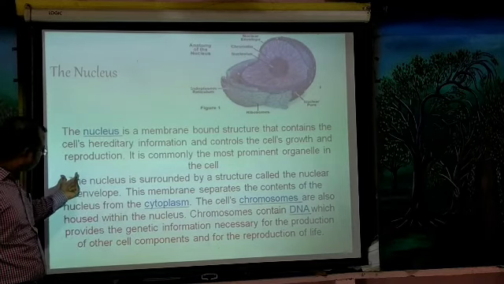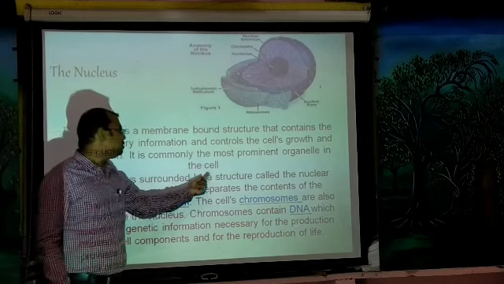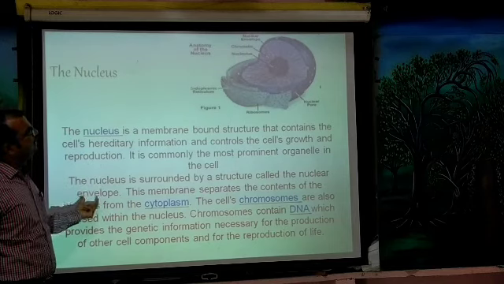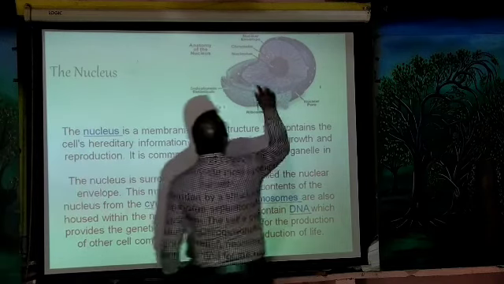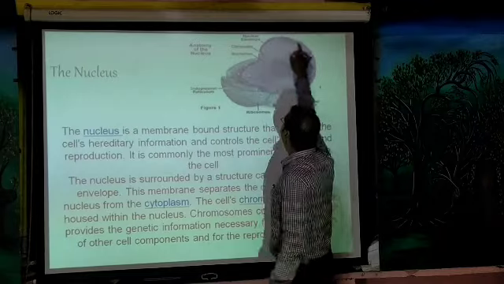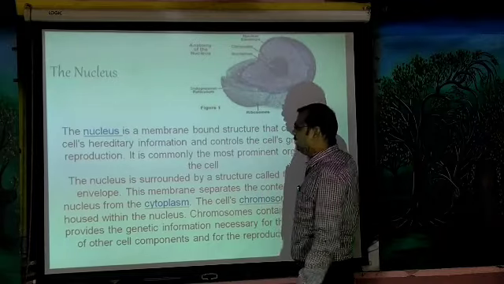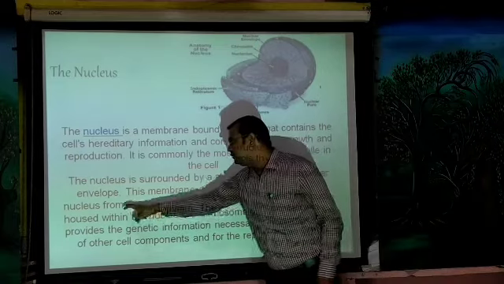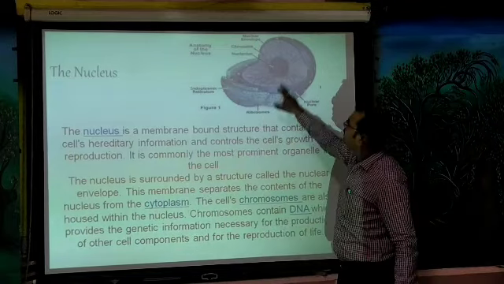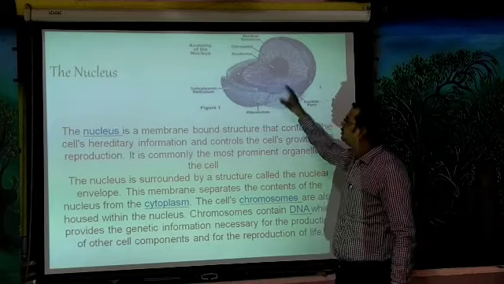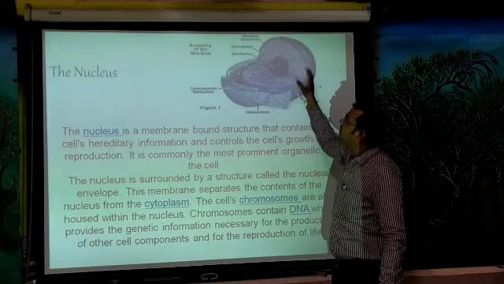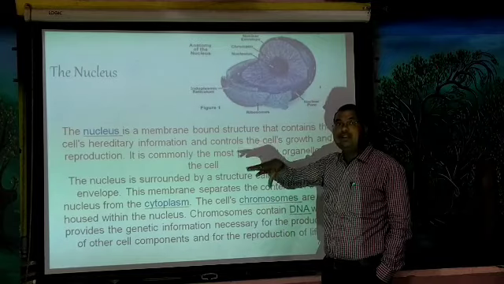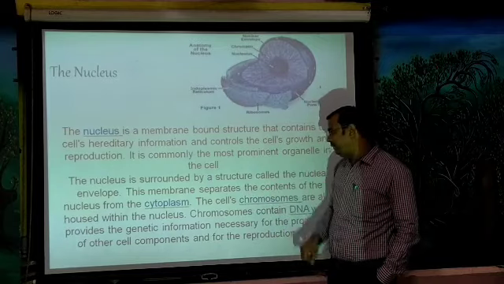Next, the nucleus is surrounded by a structure called the nuclear envelope, or nuclear membrane. Here you can see the nucleus covered with a nuclear envelope. This membrane separates the contents of the nucleus from the cytoplasm. The cytoplasm is a jelly-like structure, and on this jelly-like structure other organelles are floating.